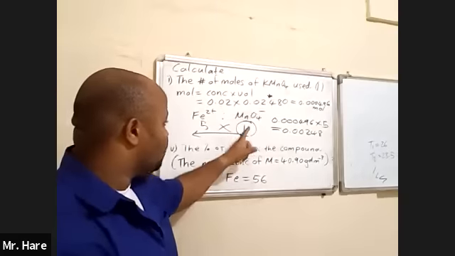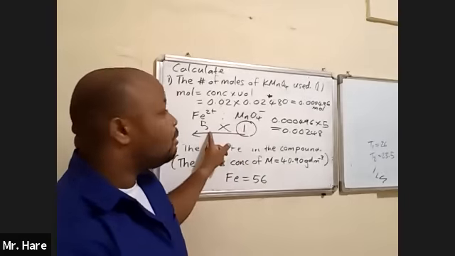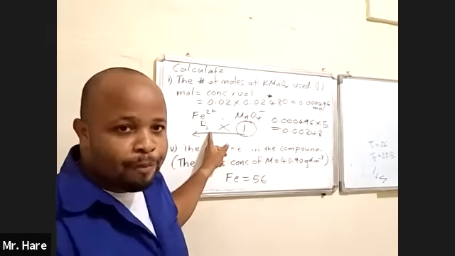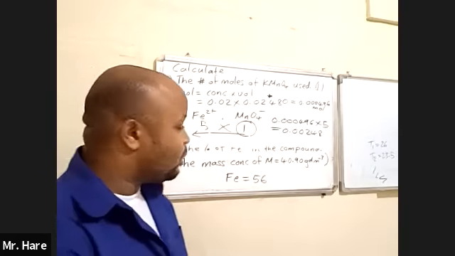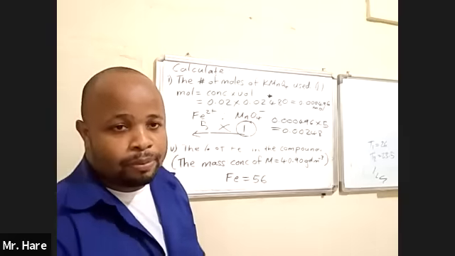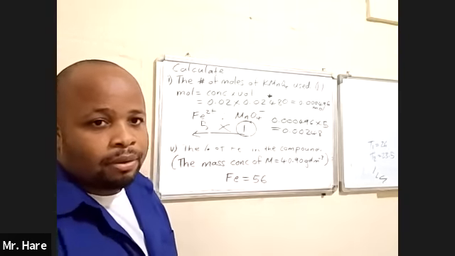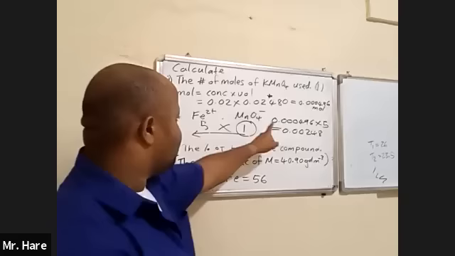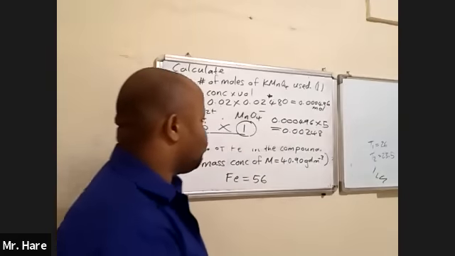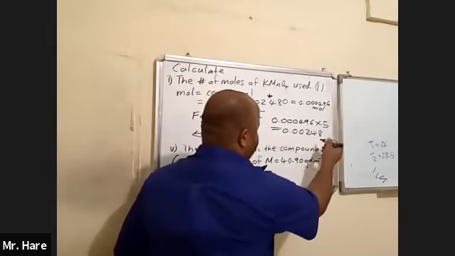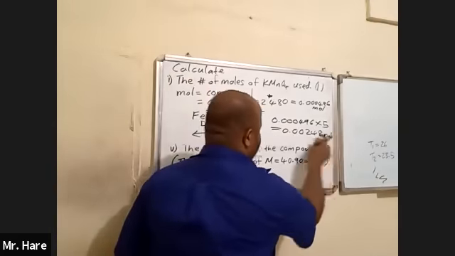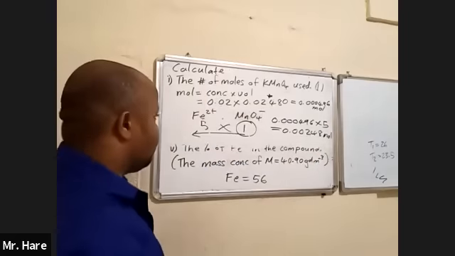That is why we can use the mole ratio to determine the number of moles of Fe2+ in the 25 cm cube. Is that any clearer? Yes, sir. All right. So we times it by 5 and we get the number of moles of Fe2+ in the 25 cm cube.